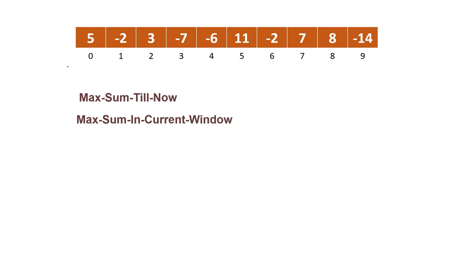When we actually solve this problem, we can start from 0 and proceed to our right side, adding numbers one by one. When I am adding numbers one by one, that means one window is going on, and I am tracking that summation in the variable called maximum sum in current window.